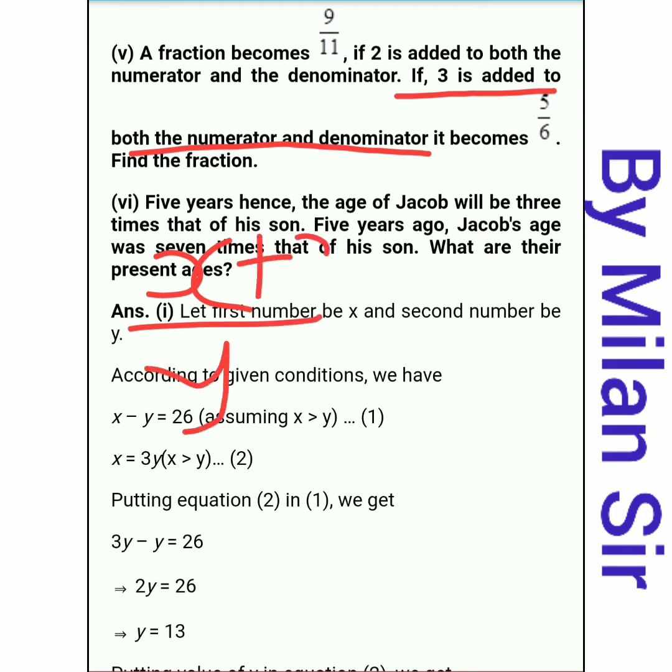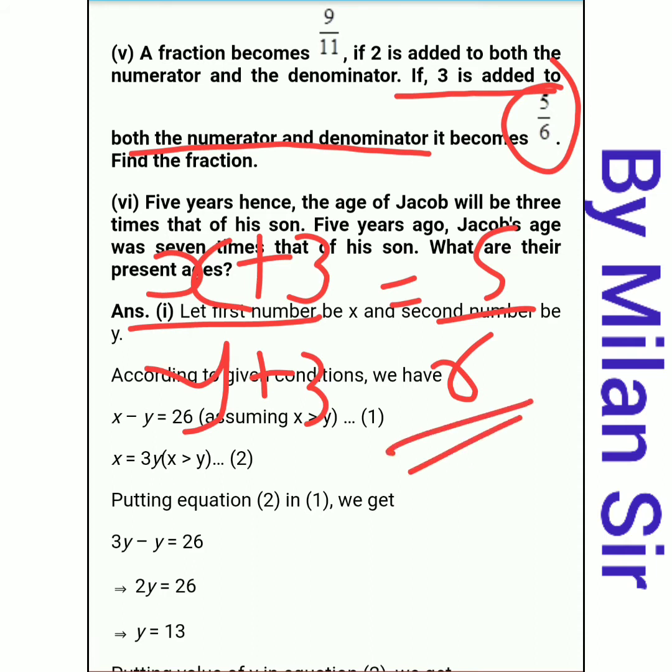If we add 3 to the numerator and 3 to the denominator, our fraction becomes 5 by 6. So again we need to do the cross multiplication process here.